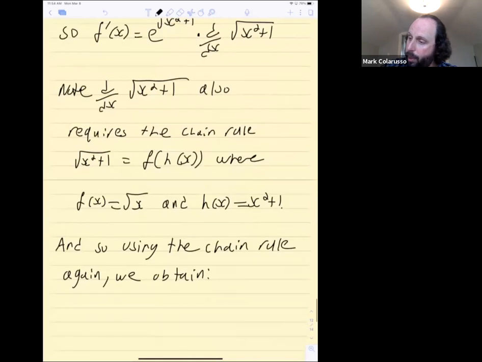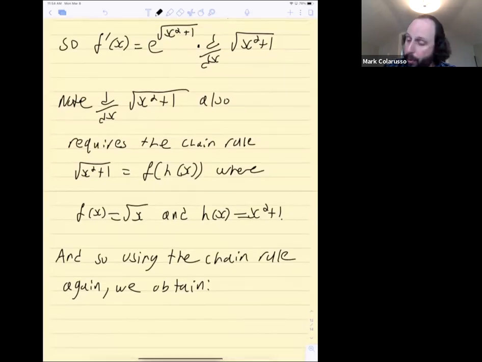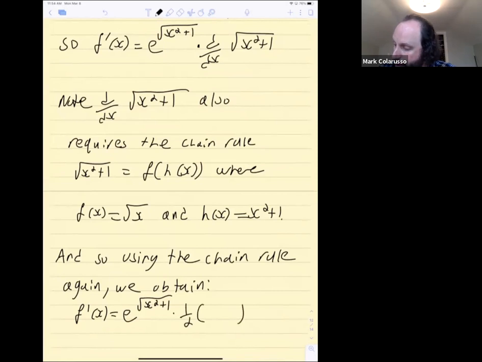So let me keep that on the screen. f prime at x is e to the square root of x squared plus 1 times 1/2 to the minus 1/2, that's the derivative of the root function, right? Evaluated at the inner, x squared plus 1, times the derivative of the inner, so the derivative of x squared plus 1.